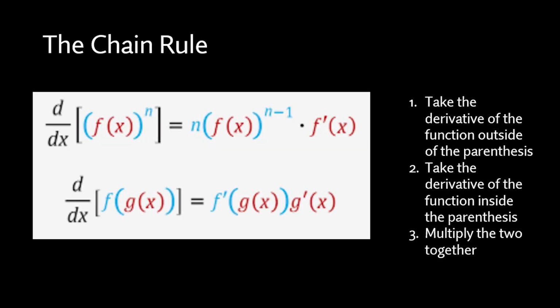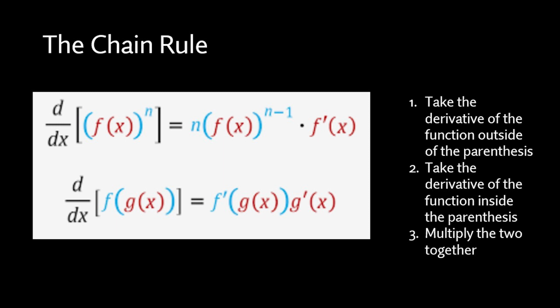Another rule of deriving equations is that of the chain rule. In order to perform the chain rule, you must take the derivative of the function outside of the parentheses, then take the derivative of the function inside the parentheses, making sure to multiply the two together.